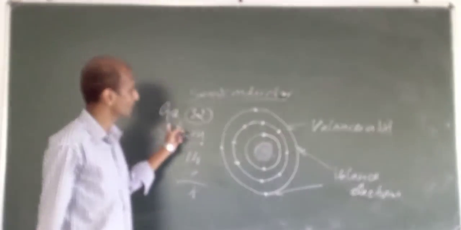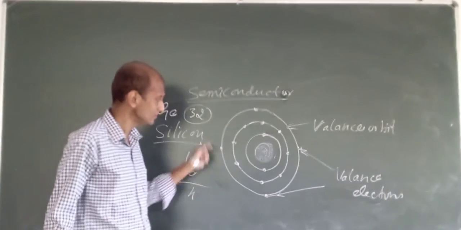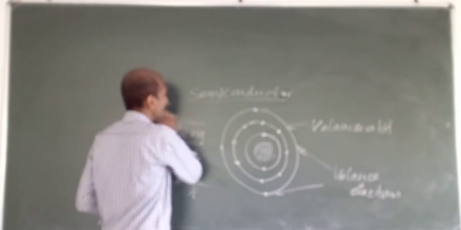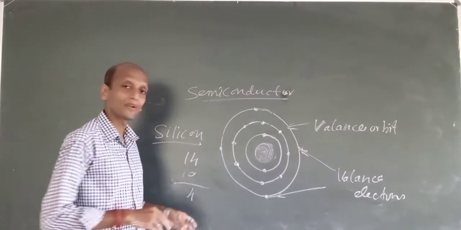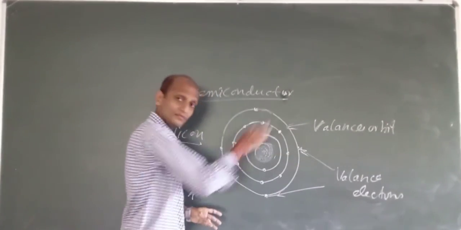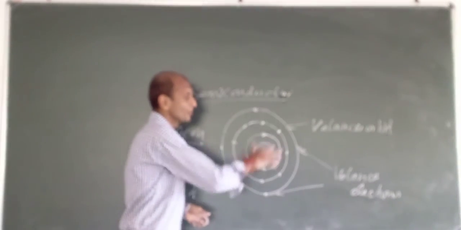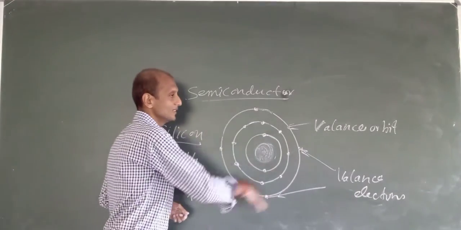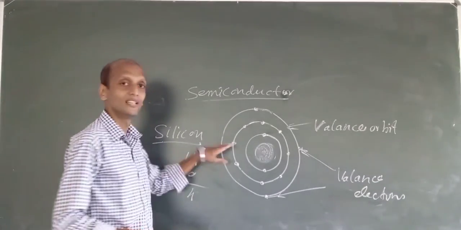You can make these arrangements and see how many electrons will be on the outermost orbit, and you can use an atomic structure builder to see how the electrons will be arranged. You can do it on your own, otherwise I will tell that in our next video.